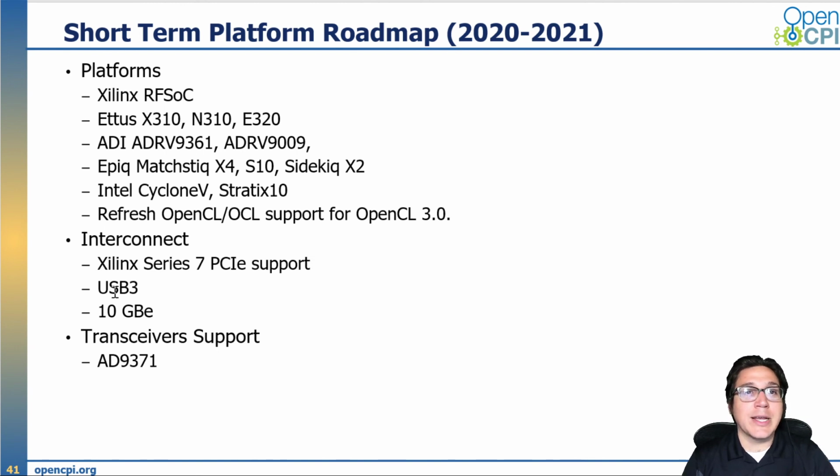For Intel support, Cyclone 5, Stratix 10, and then also refresh our GPU support to OpenCPI 3.0, and then interconnects, like one that the previous workshop was interested in seeing, USB 3 for the B210 and 10 gigabit Ethernet, and then refreshing the PCI Express support as well.